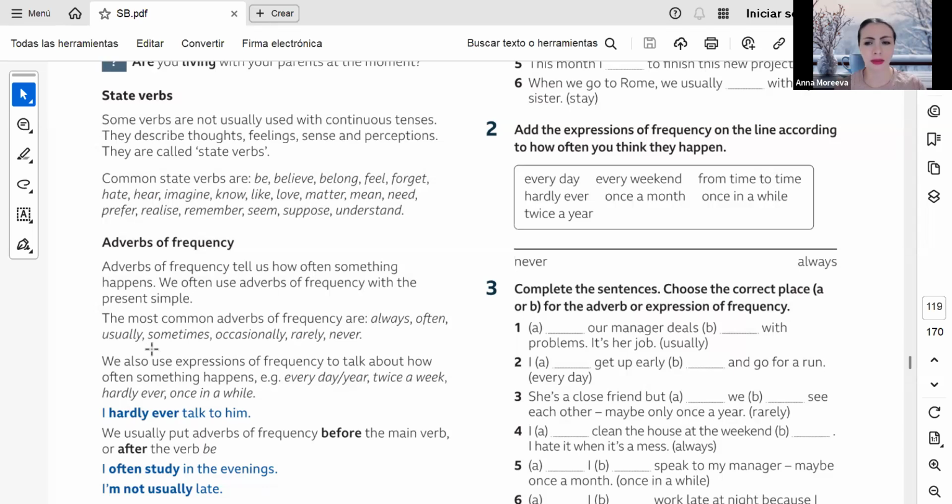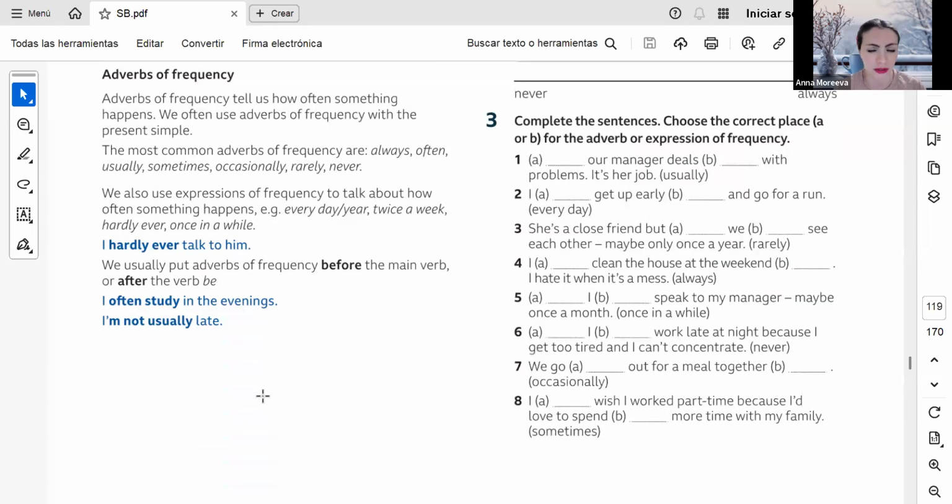I usually read a book at night. I sometimes do yoga. I never go to the theater. It can be more, for example, every day, every year, twice a week, hardly ever, once in a while, the same. It's speaking about routine, so something that is repeated.